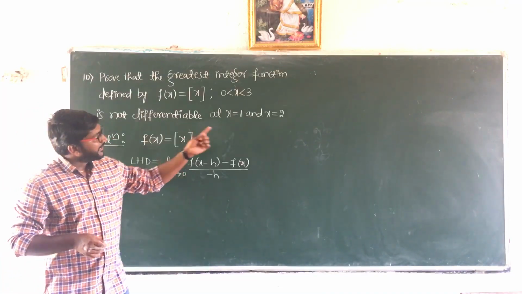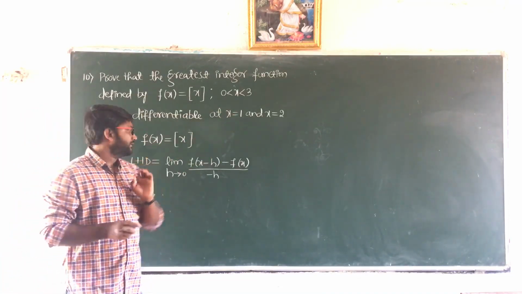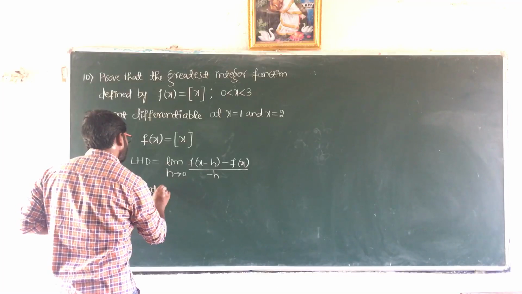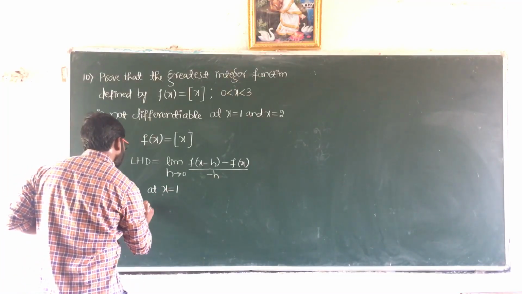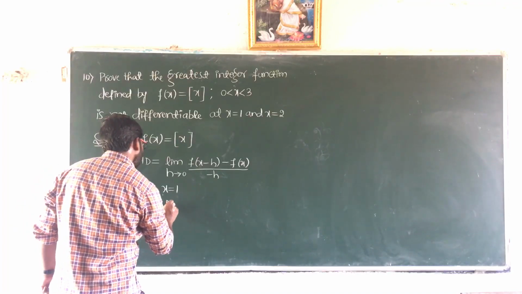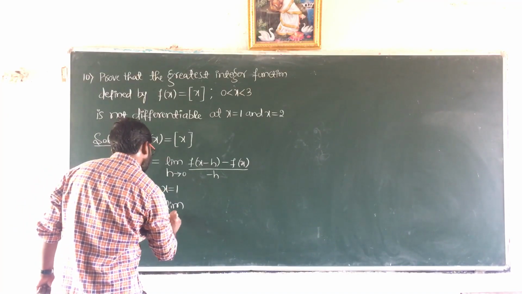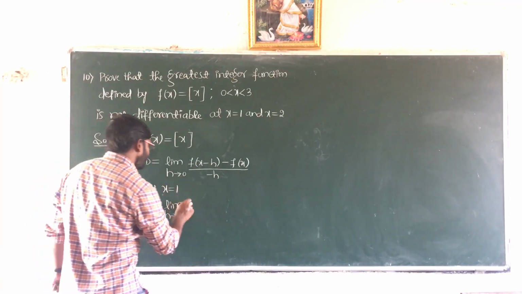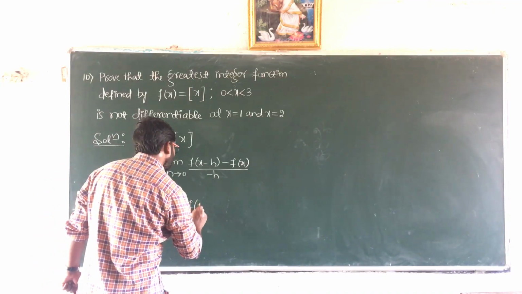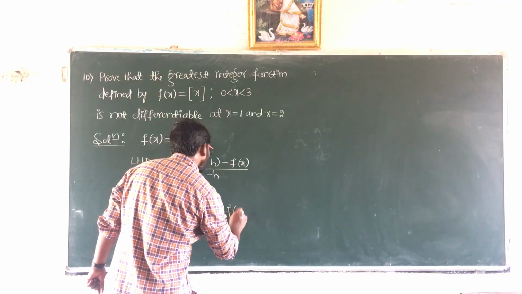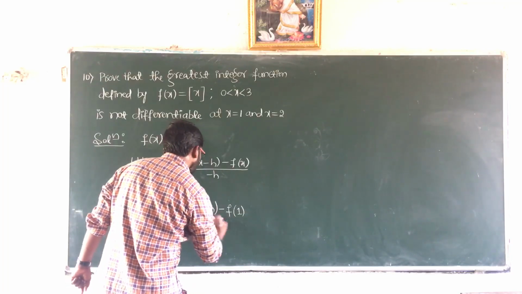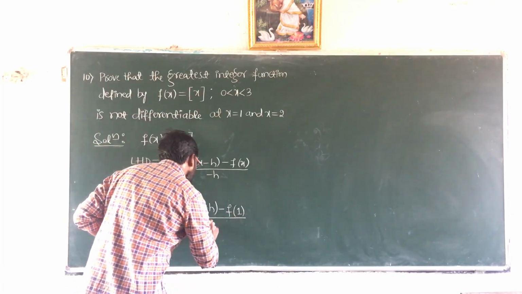Now I have to go for at x equal to 1. So at x equal to 1, LHD is equal to limit h tends to 0, f of, what do we get now? It is 1 minus h minus f of 1 divided by minus h.